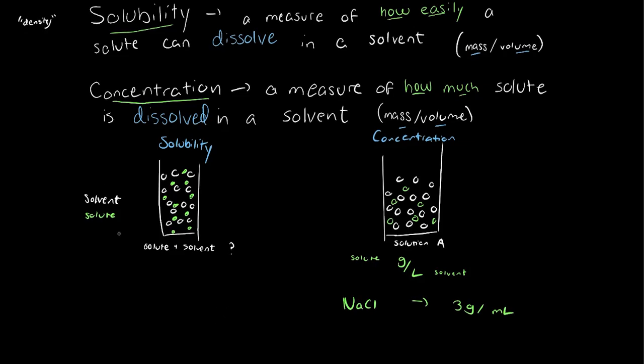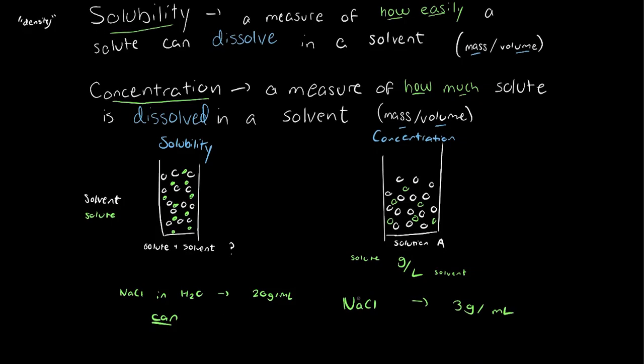If I said the solubility of NaCl in water was, let's say, 20 grams per milliliter, that would mean that in 1 milliliter of water, you can, here's our keyword, can dissolve up to 20 grams of sodium chloride. After that, it won't dissolve anymore. If I add another gram, it won't dissolve in that water.